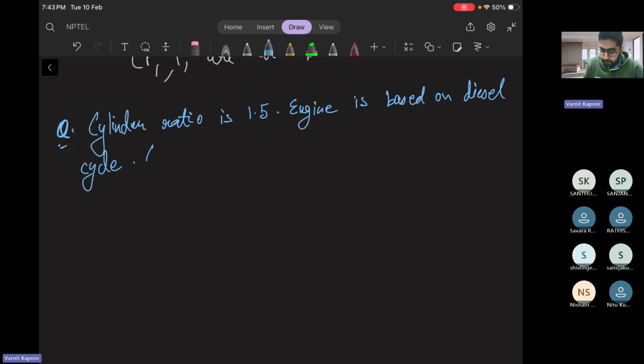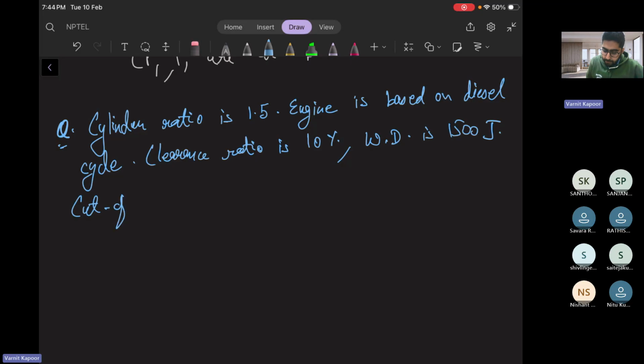Clearance ratio is 10%. Work done is 1500 joule. Cutoff takes place at 10% of stroke.